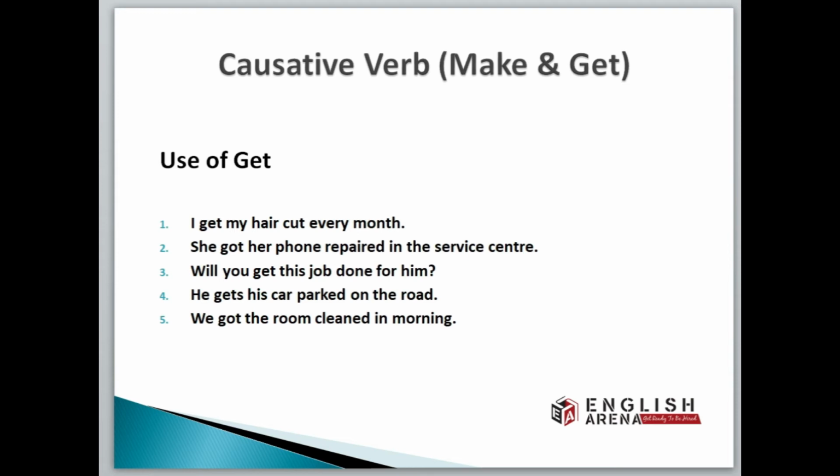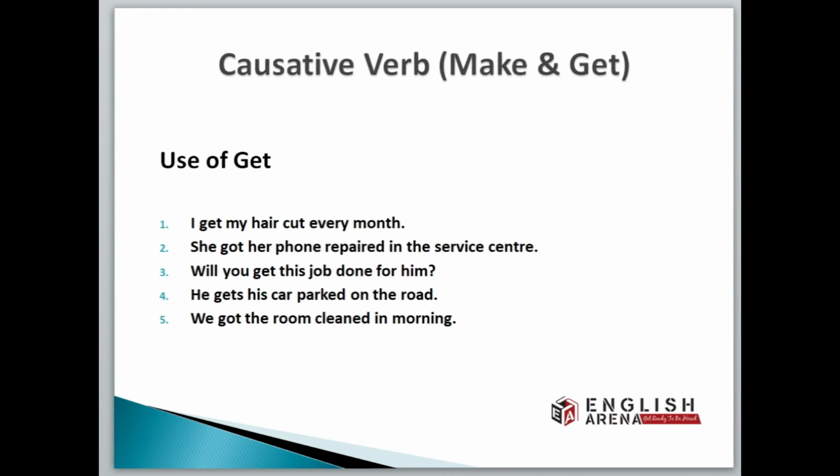For example, if I have some problems in my teeth and I go to the dentist, can I force him to check my teeth? No, I can't force him. What I can do, I can request him. I can convince him to check my teeth. So guys, in case of force, when you have the feeling of forcing someone, you use make. But if you convince someone, you use get, right?